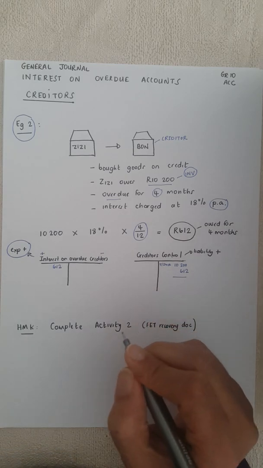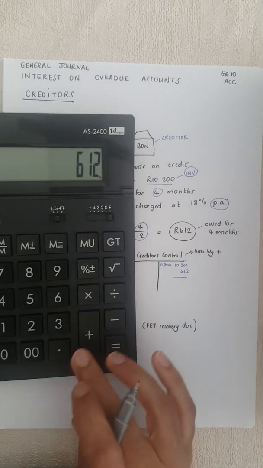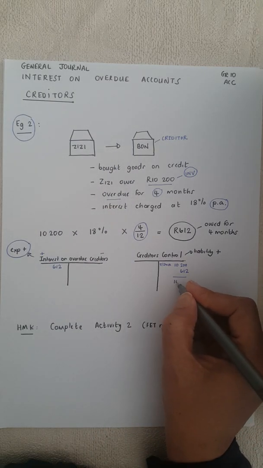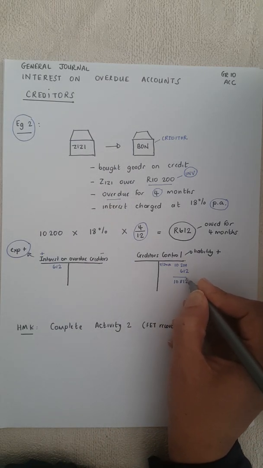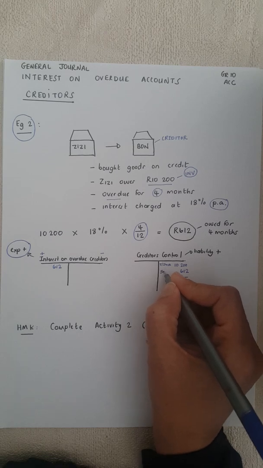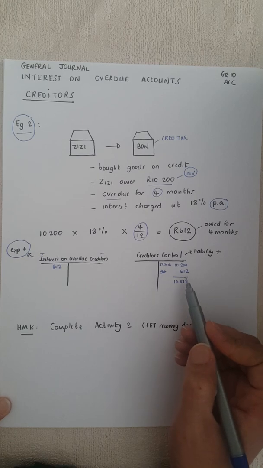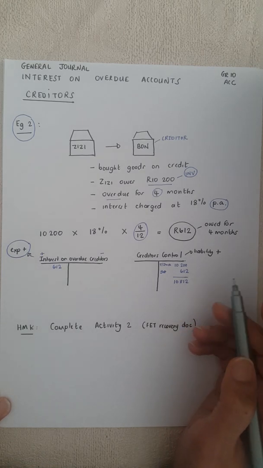So what am I owing my creditor now? 612 plus 10,200, 10,812. This is the total amount owing.